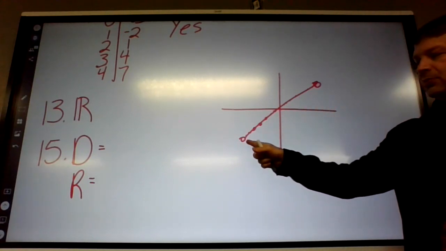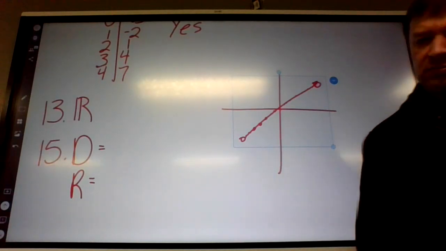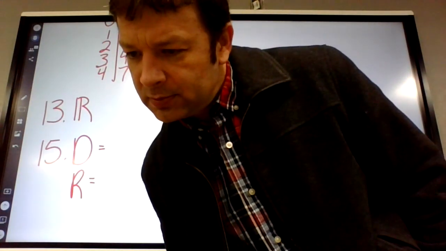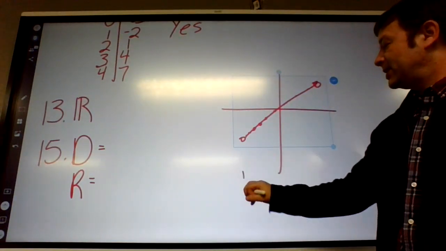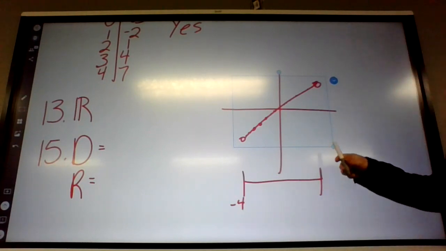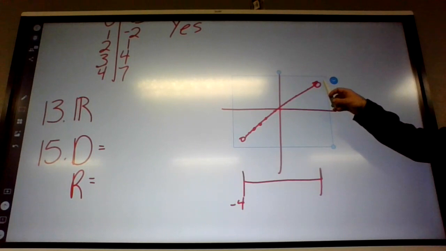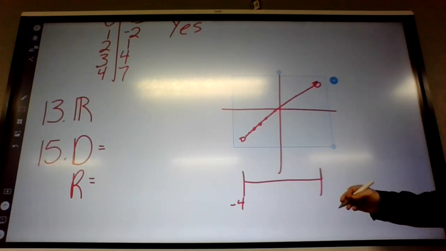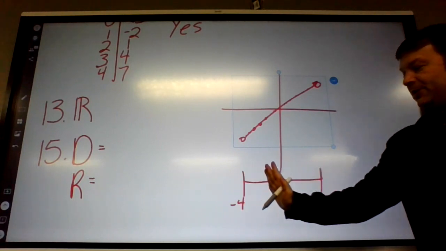Okay, what's that leftmost point's x value on that graph? -4. Okay, so we're just thinking x values, so we're just thinking left to right. Kind of like a number line, what's the rightmost point's x value? 3. Is it 3? Okay, are all the x values in between filled in?